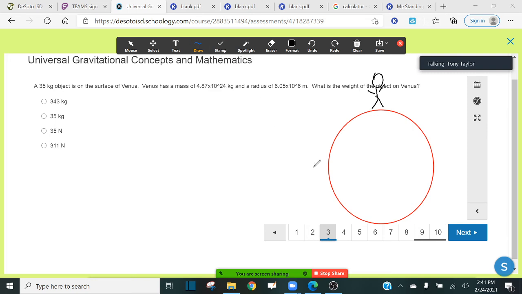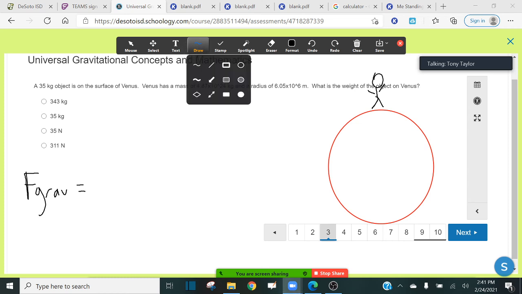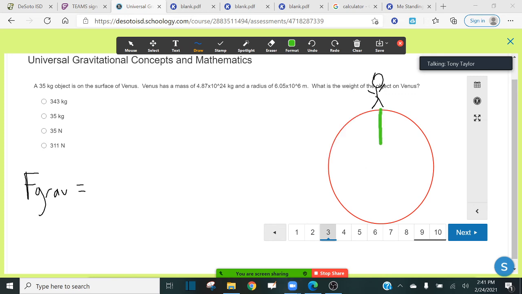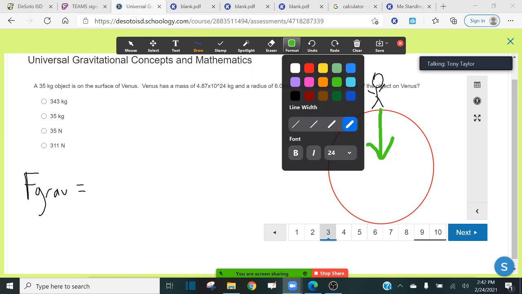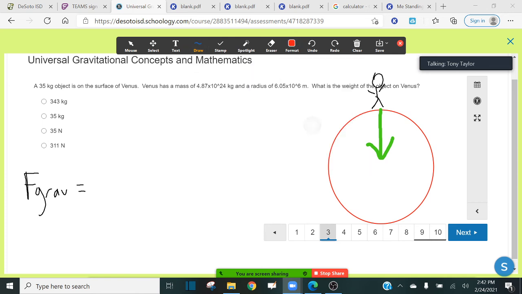So guys, if you want to know the force of gravity pulling on me, it should be obvious that there's a force of gravity pulling me to the center of the planet. Venus is literally pulling me toward it. Just to be clear, I am on Venus.